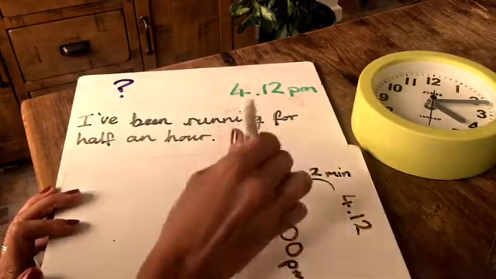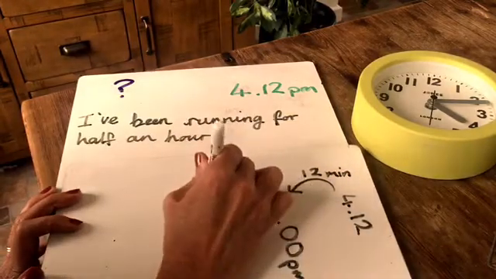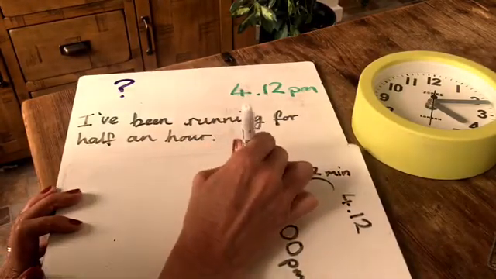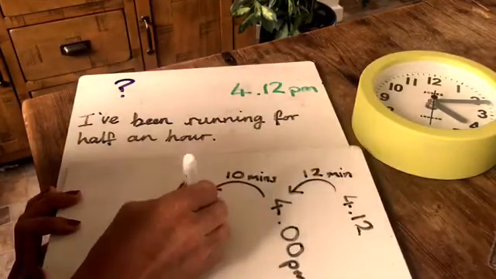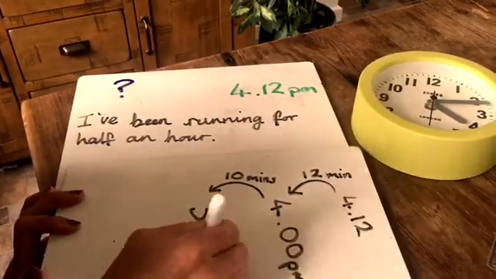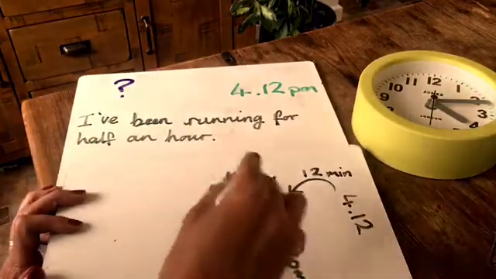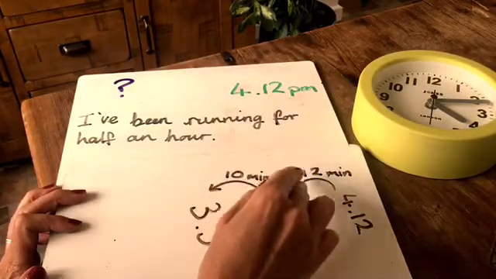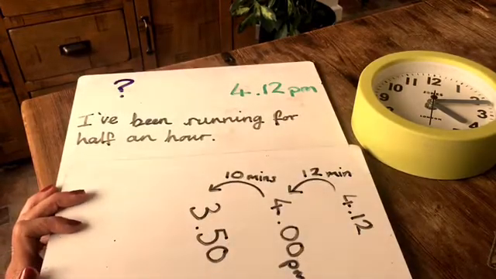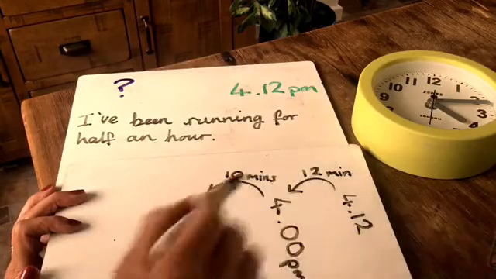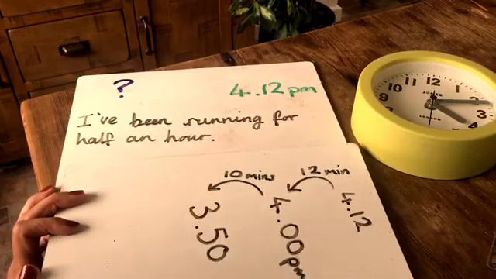So I'm going to need to take away another 10 minutes. Okay, so that would leave me in the hour of 3 and 50 minutes. So that's 20 minutes altogether and an extra 2 that I've taken away. I don't need to take away another 10, otherwise that would be 3 10s and 2 minutes, which would be 32 minutes, which is too many.